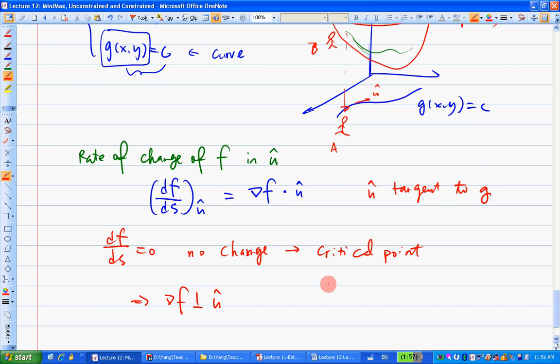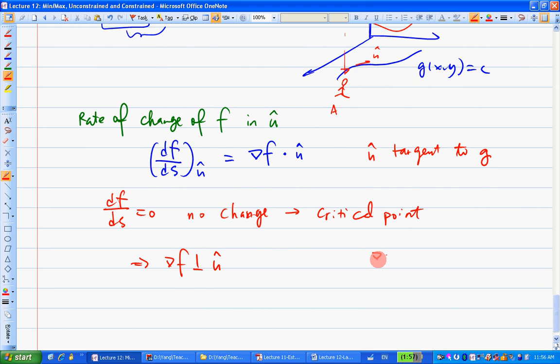Now, what would be the relationship between del g and u hat then? We had one of the theorems when we learned the gradient vector. When you calculate the gradient vector of a function, here g, this gradient vector is perpendicular to the level curve. So what's del g here? Del g is the gradient vector of function g.